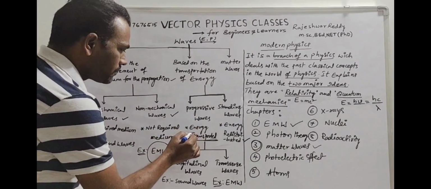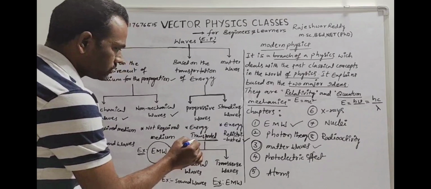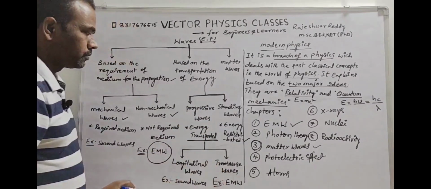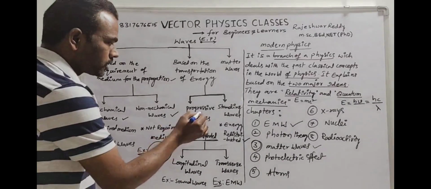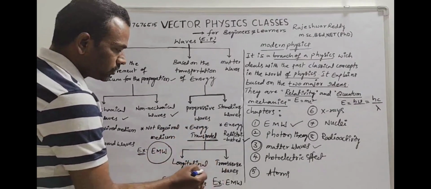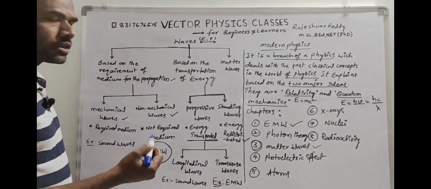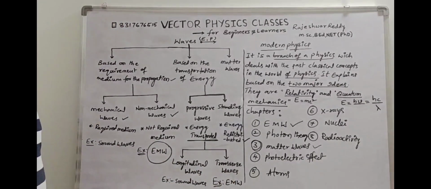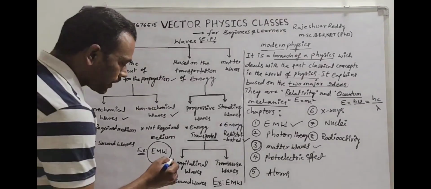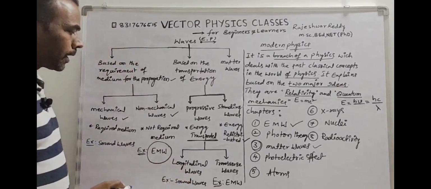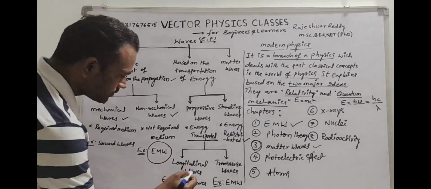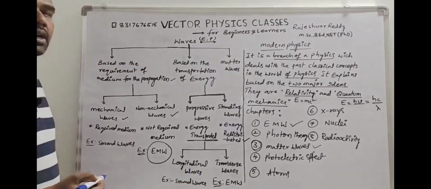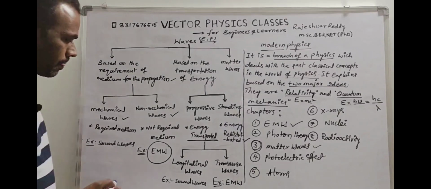Progressive waves are again classified into two types based on the vibrations of the particles of the medium. If the particles vibrate parallel to the propagation of the wave, then the waves are called longitudinal waves.